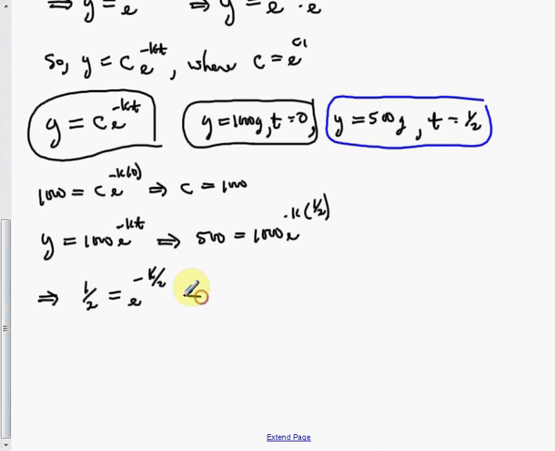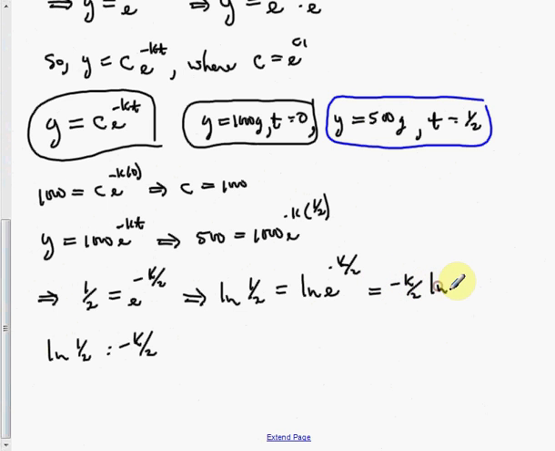So the natural log of 1/2 is equal to the natural log of e to the negative k over 2. We get the natural log of 1/2 is equal to negative k all over 2, because the natural log and the e base are inverses of each other. Right? What this came out to be is negative k over 2 times the natural log of e. The natural log of e is equal to 1.